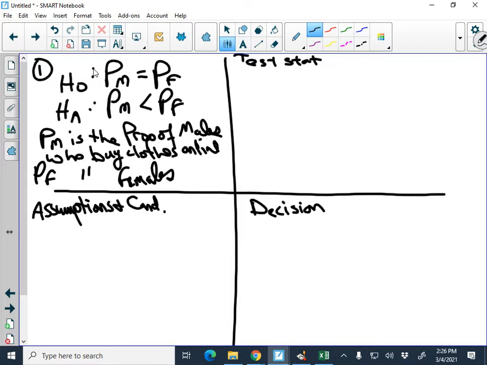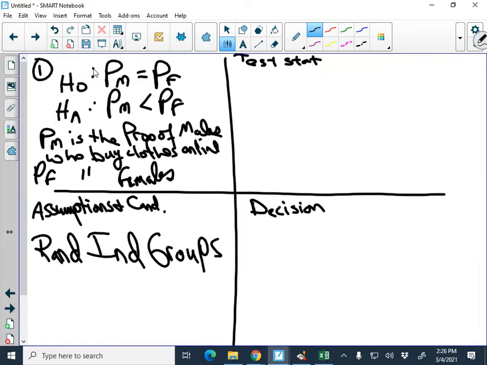So now our assumptions and conditions. This gets you 2 points if you write it this simply. We randomly sampled the groups, but groups plural. I saw it on the quiz where people put group. You missed a point. It's not a group. It's not one.